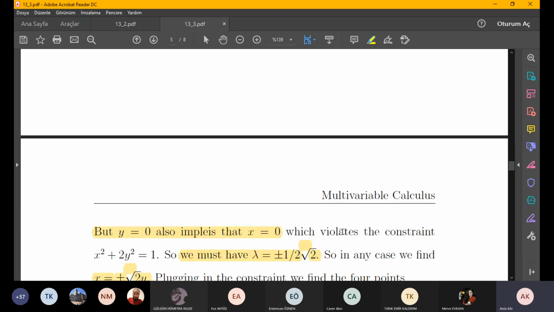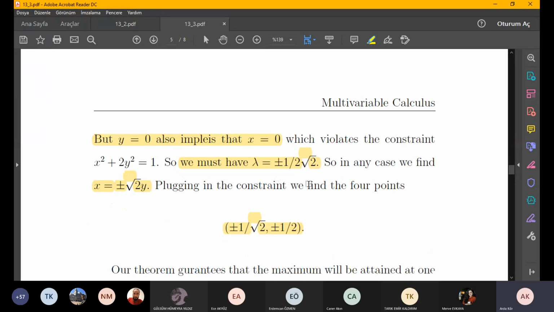And by that assumption, or by that conclusion, let's say, from the first and second equation we can write x as plus minus square root of 2 times y.